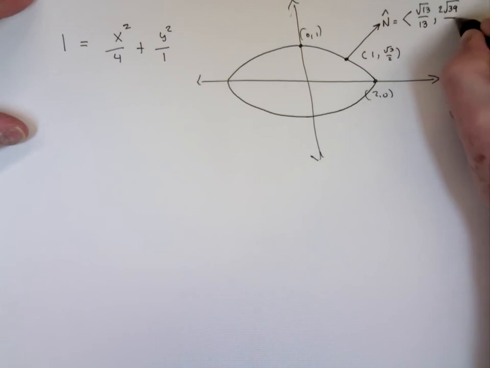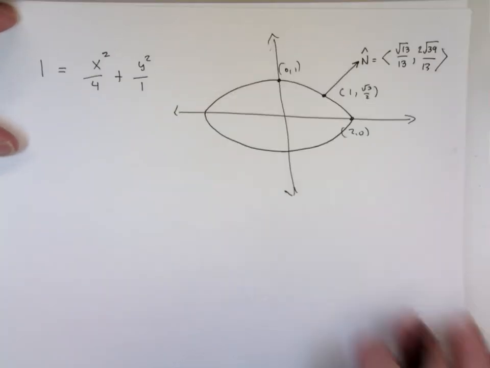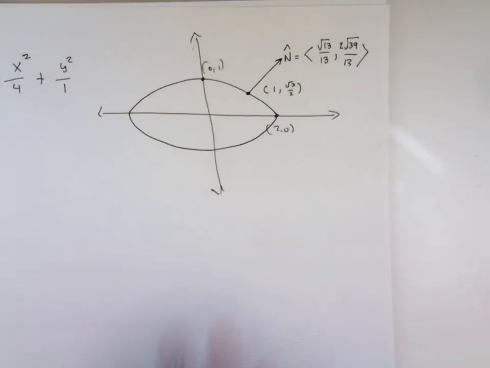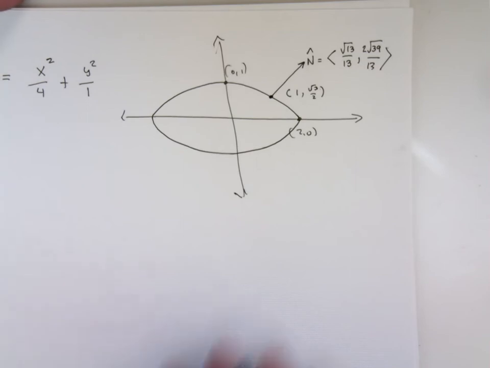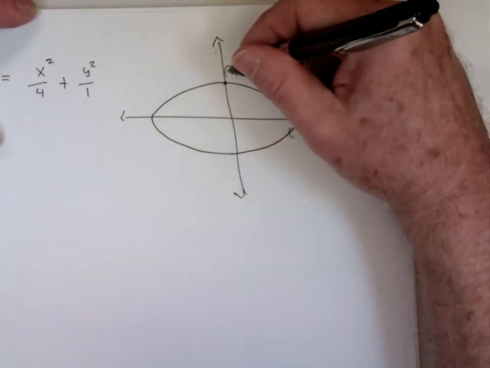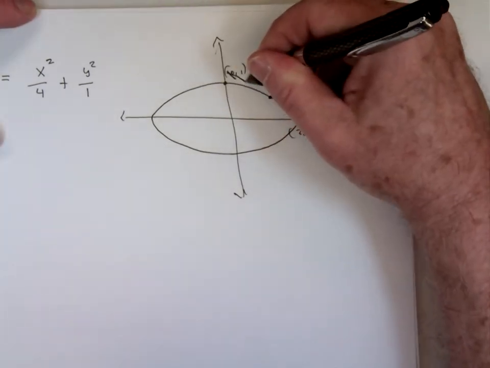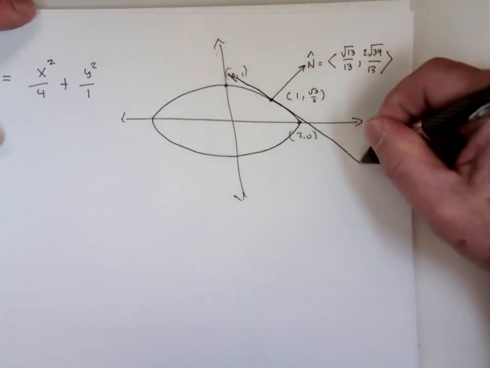Let me move it over. Okay, good. I want to find the equation of this tangent line to this level curve at that point.